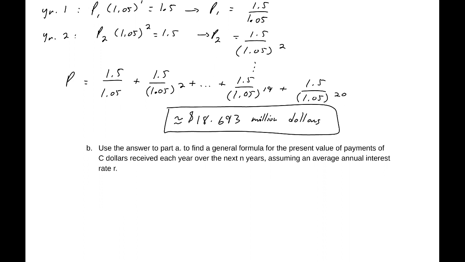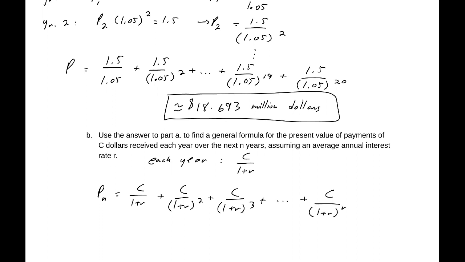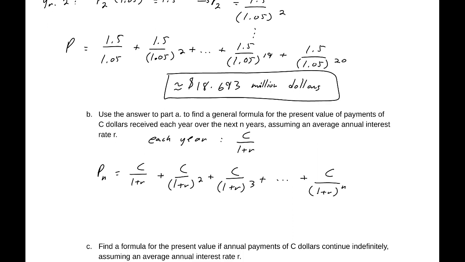So each of these values, each year, the amount that it's presently worth is C divided by 1 plus R, which means the present value over the course of n years is C over 1 plus R plus C over 1 plus R squared plus C over 1 plus R cubed plus indefinitely up until C over 1 plus R to the n. It'll be a partial sum over n terms.